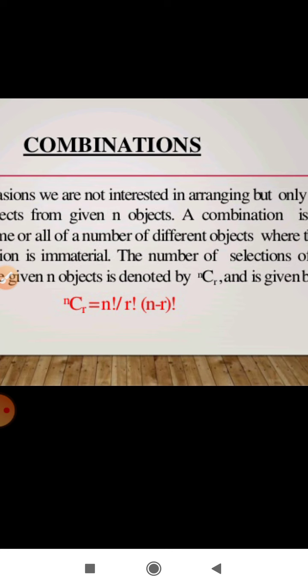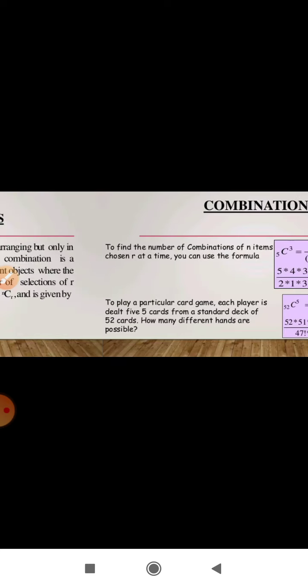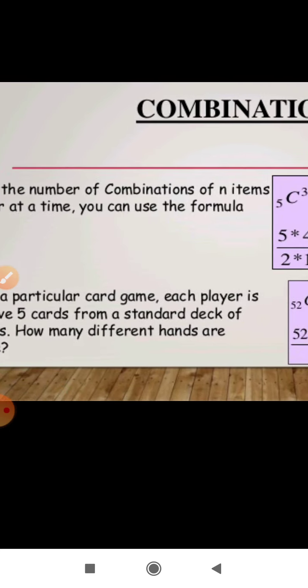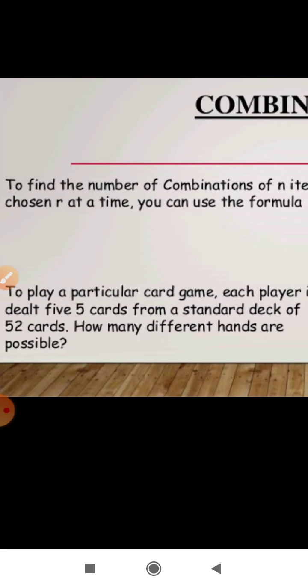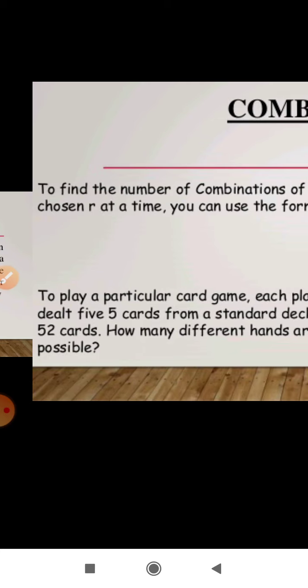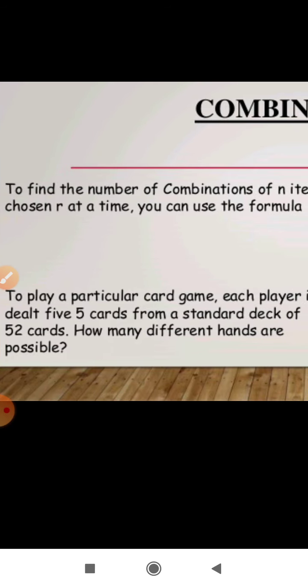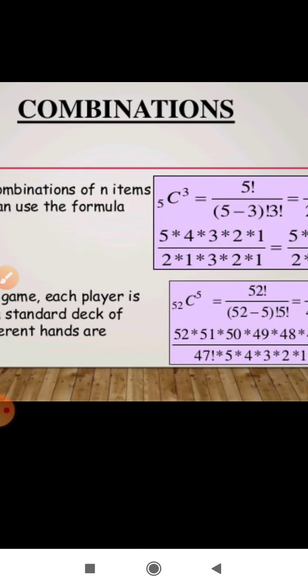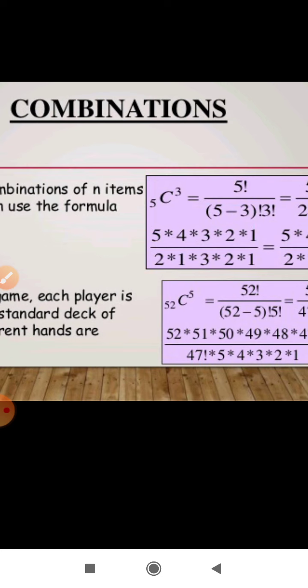In permutation, this notation will be nPr. So P is replaced by C. This is the combination nCr, and the formula will be factorial n upon factorial r into factorial n minus r. So for a problem of combination, to find the number of combinations of n items chosen r at a time, you can use the formula nCr.